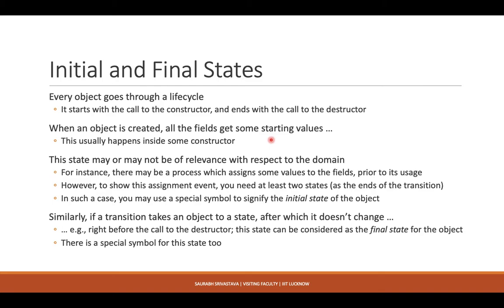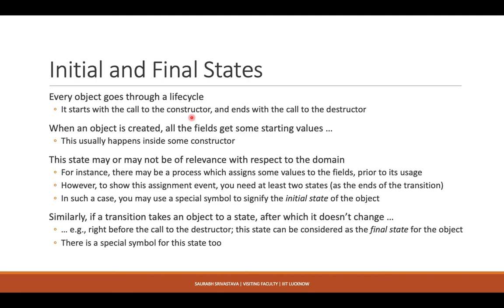There's one more aspect of state diagrams which we need to discuss, and that is the initial and final states. You know that whenever you create an object, it has a life cycle, and the life cycle starts by the call to the constructor. The first thing that happens whenever you create a new object is that the constructor is called. It could be any constructor, not necessarily the default constructor. It could be a parameterized constructor, or the copy constructor.